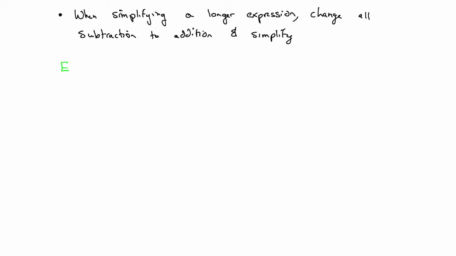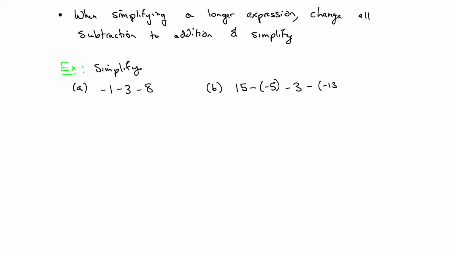So, as an example, simplify. Part A will be negative 1 minus 3 minus 8. And part B will be, let's see here, 15 minus negative 5 minus 3 minus negative 13.